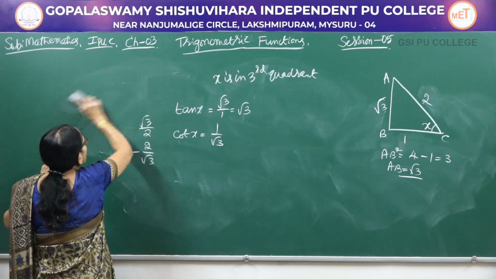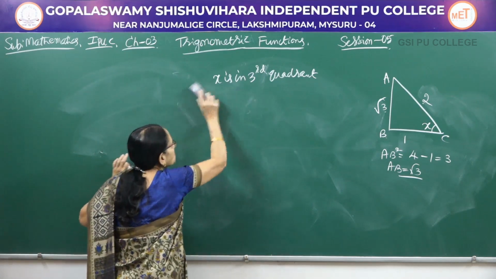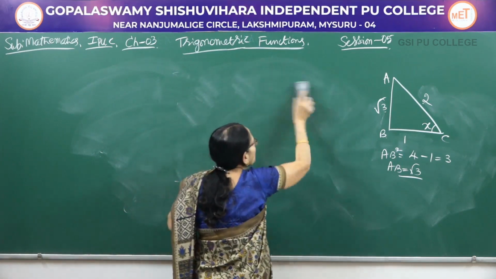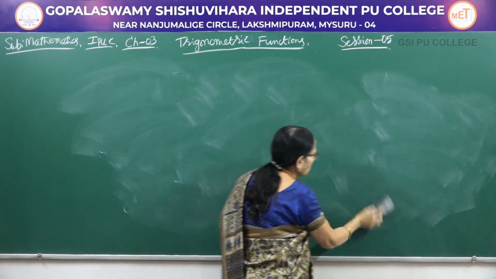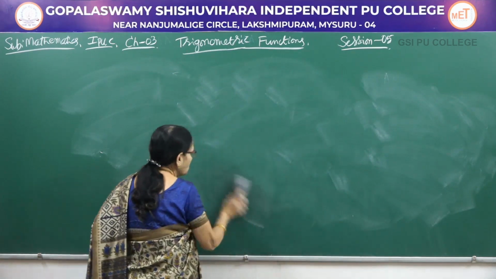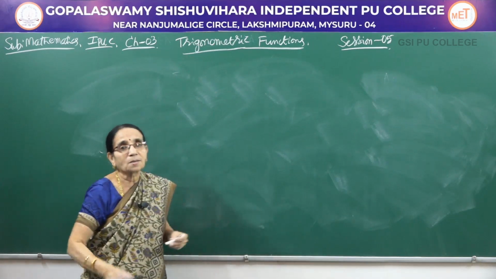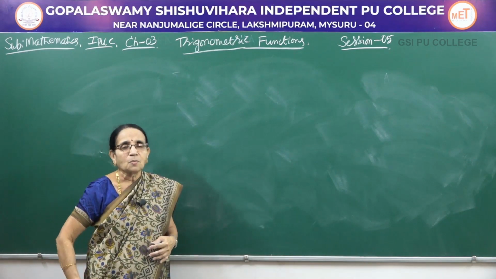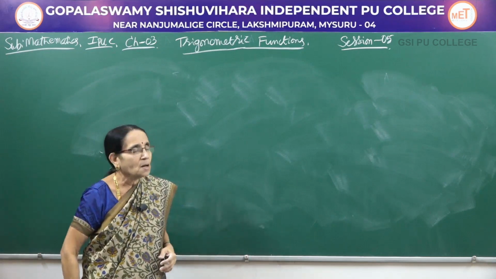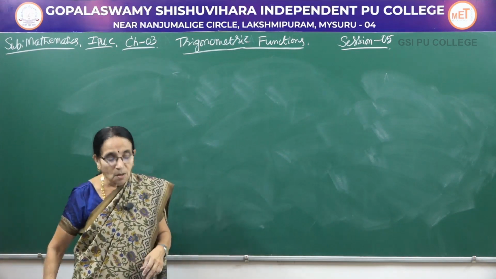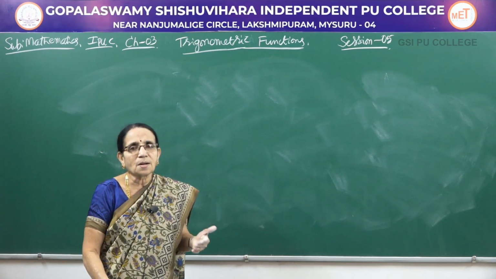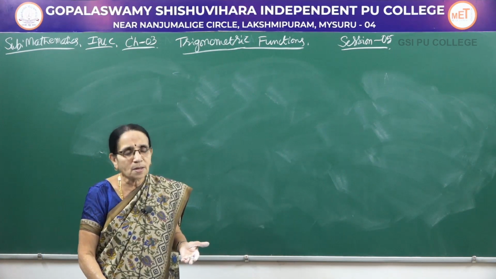Now, this is one type of problem we can discuss, that is, given one particular trigonometric function and the domain, that is, where exactly that x is lying, which quadrant that angle x is lying. Depending upon that, since you know the information about the quadrant, a particular ratio would be either positive or negative.